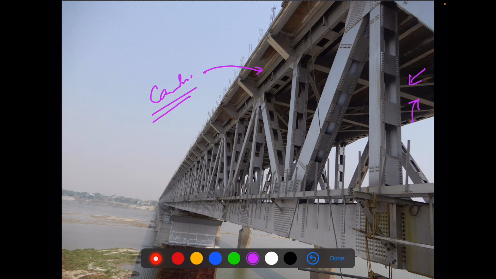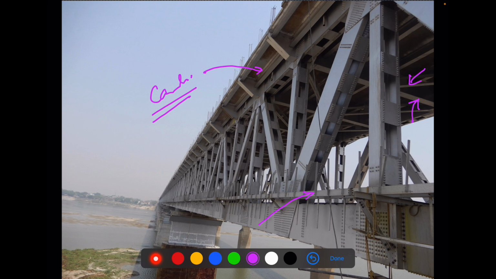And as you can see over here, there is some extended platform kind of thing. This one is an inspection pathway provided alongside the girder where a person can move to inspect the bridge or bearings or members or track. This is in the construction stage.